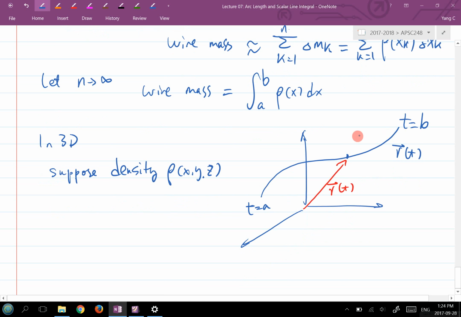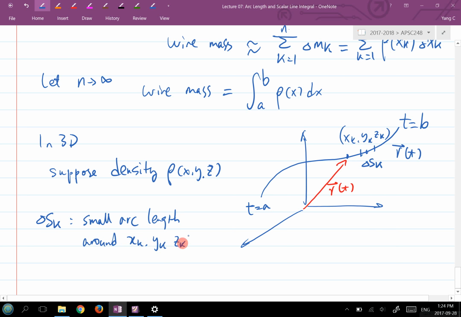Now suppose I have a location here, represented by x of k, y of k, and z of k. This is one location, and we're going to take out a segment here that has arc length delta s k. So this is a small arc length around the location x of k, y of k, z of k.